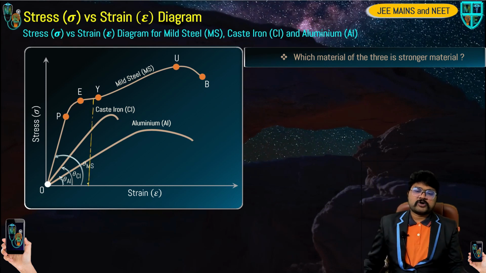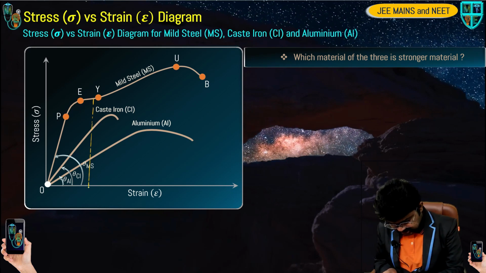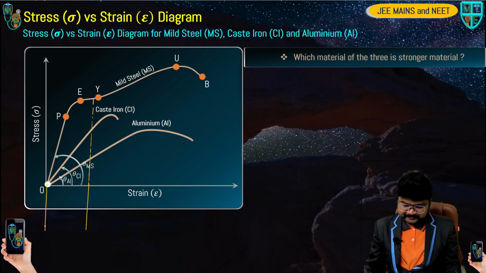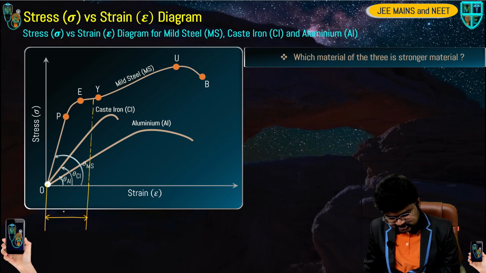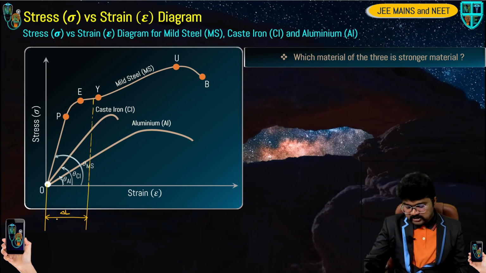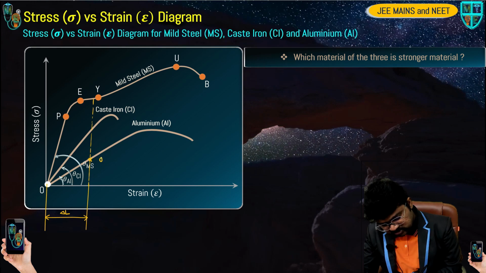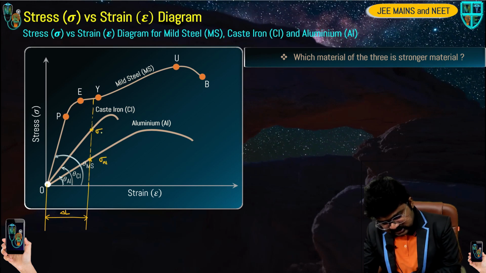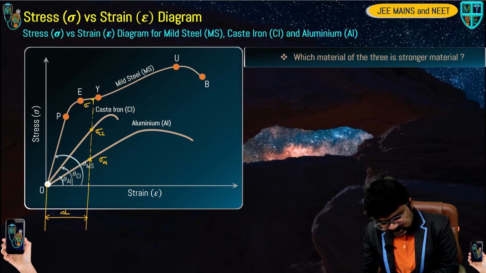For corresponding strain, at a particular value of deformation, the original length will be the same. So this would be sigma aluminum, sigma cast iron, and here somewhere we get sigma mild steel.